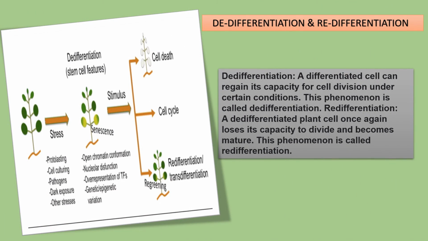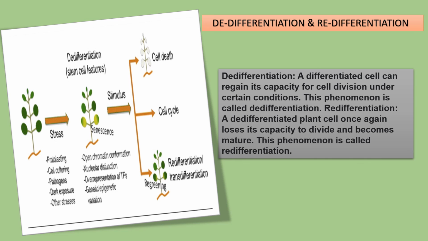Now, I am discussing two terms. One is de-differentiation and the second one is re-differentiation. De-differentiation. A differentiated cell can regain its capacity for cell division under certain conditions.